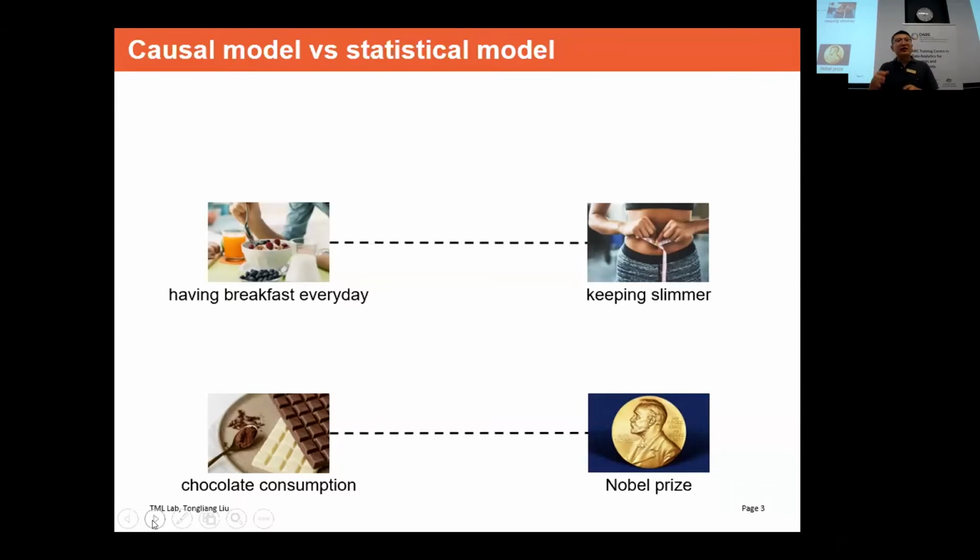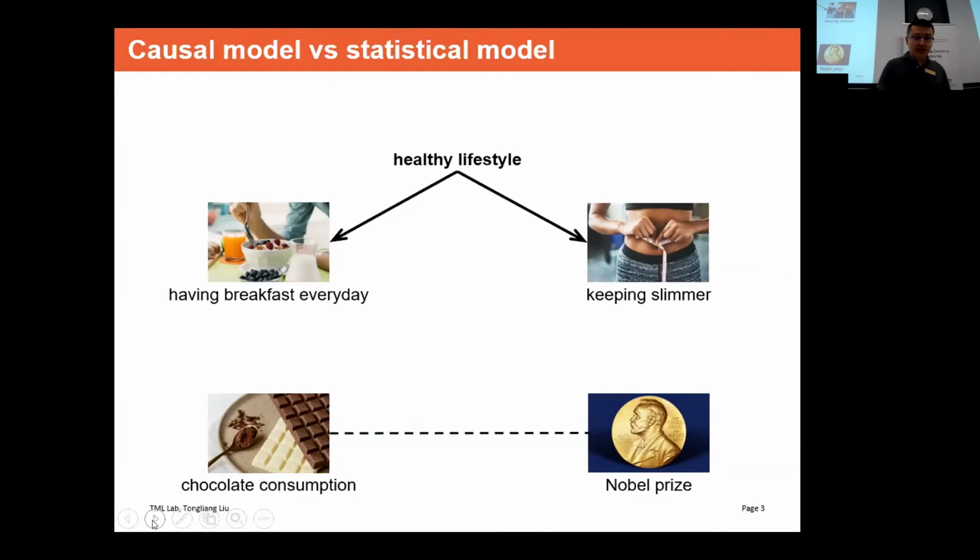But can we do interventions? For example, if we want to have more Nobel laureates, can we just encourage our people to eat more chocolate? And if we want to be slimmer, can we just eat breakfast every day and then achieve that?